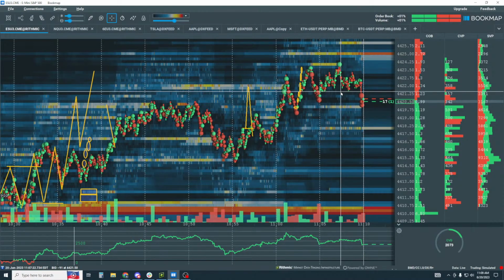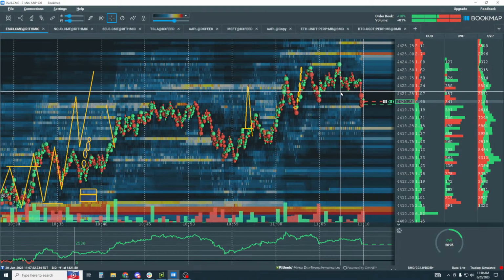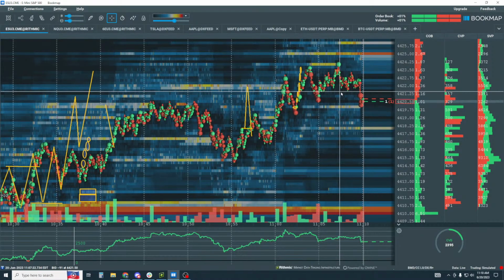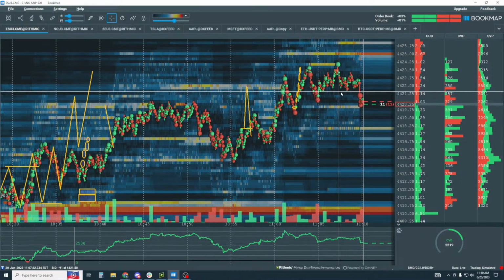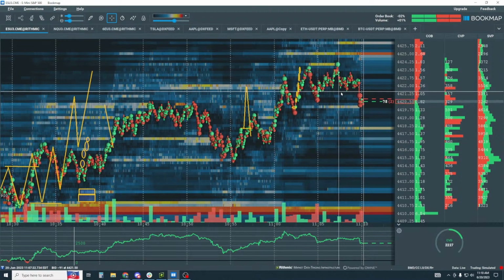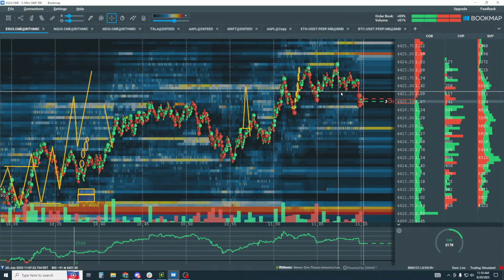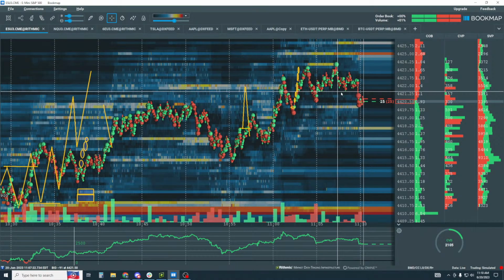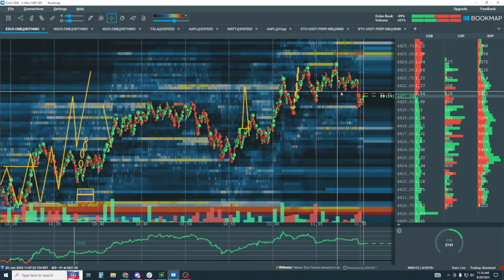Okay, Steven, so you're looking at your initial balances, etc. Yeah, I've done this in the past many times. Initial balance is a really great concept, and it works for day trading especially.